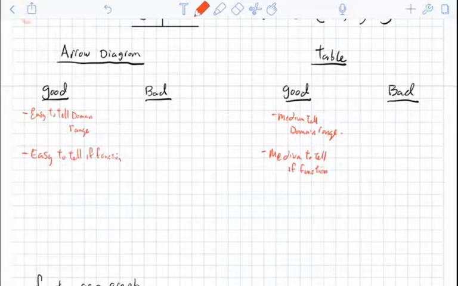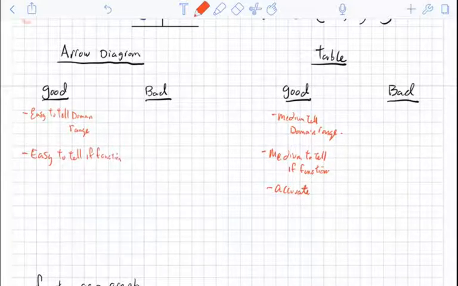You pretty much have to go through the table to see repeated elements and then see if the same input gives you two different outputs. So, what else is good? You know, tables, they're accurate. There's no ambiguity in what the output is.